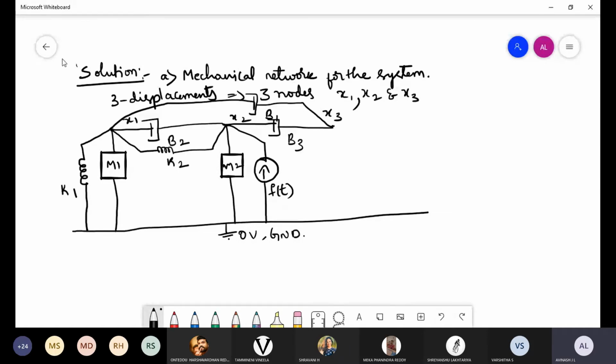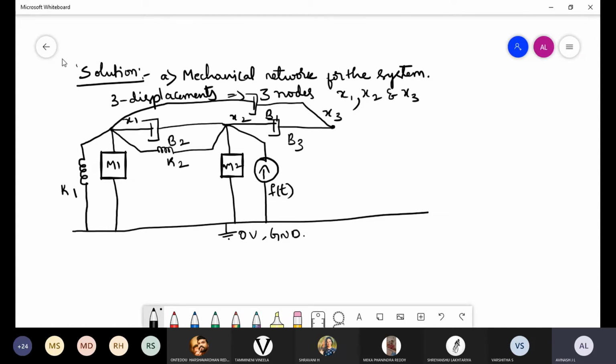Now when you're talking about the x3 node, what are the things connected to x3? x3 is connected to ground with M3 and K3.